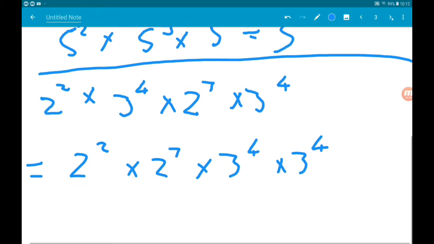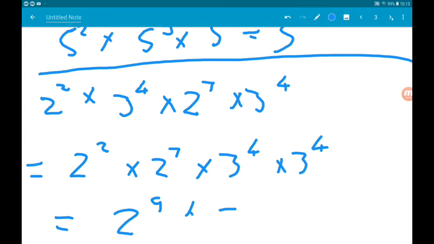That's going to give us 2 to the power 9 times 3 to the power 8. There's nothing else we can do with that one because the bases are different.